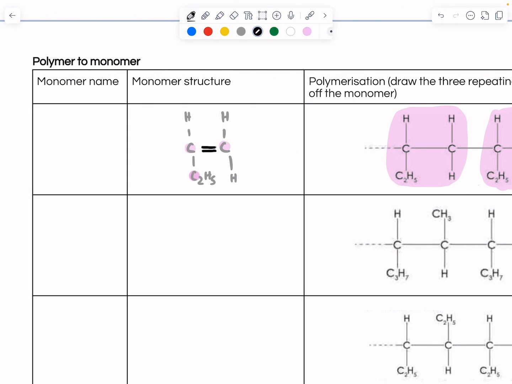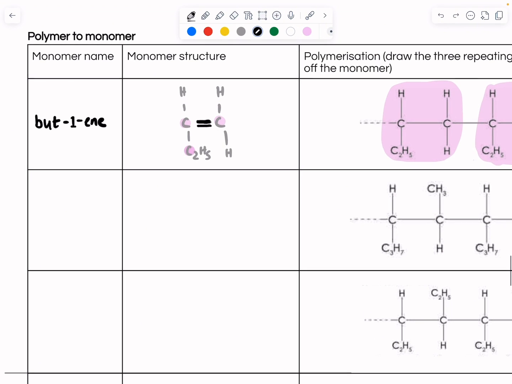So this name will have the prefix bute. We'll have but-1-ene because it's an alkene, and we put a 1 over here because we know that that double bond is between the first, second carbon. Okay, so that's how we go.